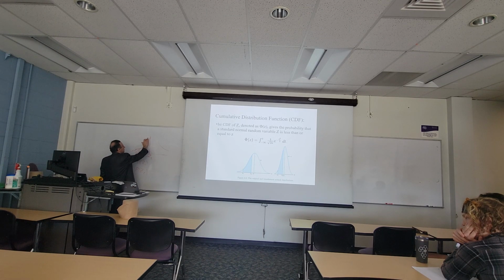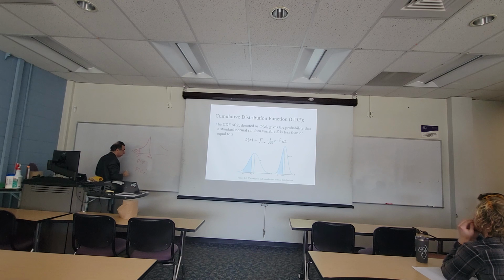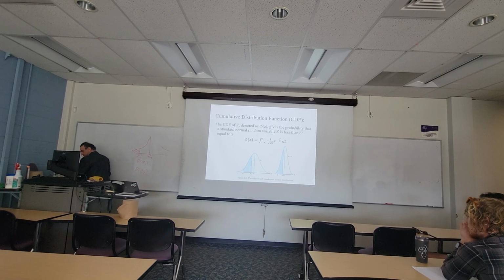Maybe it's better to use a different color to distinguish. Even this area. It's going to calculate the area under this curve up to that point. So it's going to cover even this portion, right?